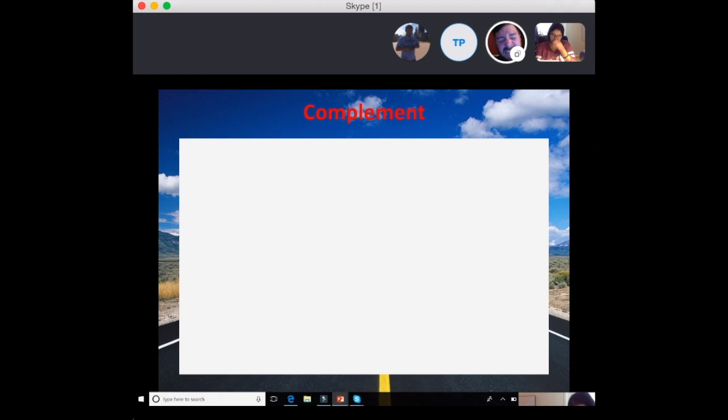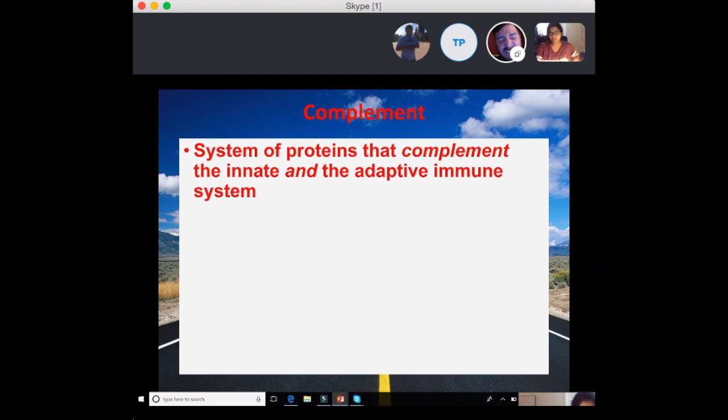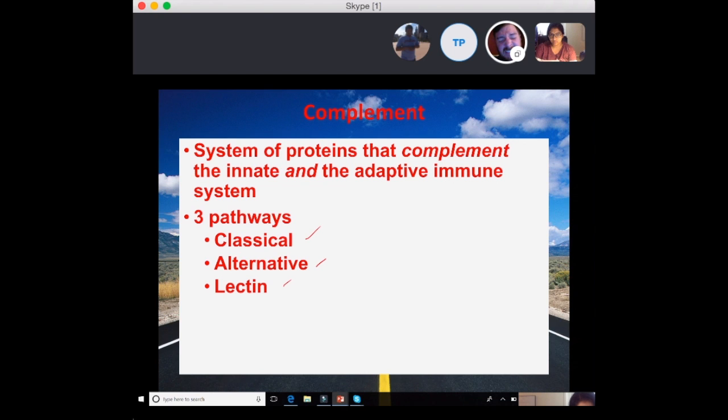Okay, so complement. The complement system is a system of proteins that complement the innate and the adaptive immune system. And we have 3 different pathways: the classical, the alternative, and the lectin pathway. We're really only going to look at these 2 because this one isn't very high yield and is pretty much the same as classical.